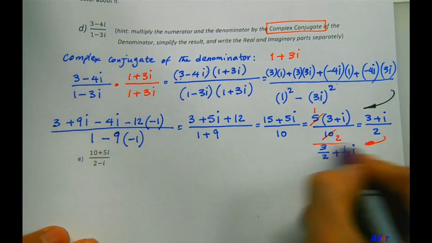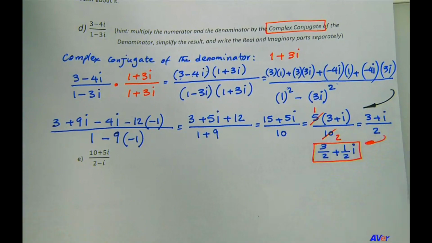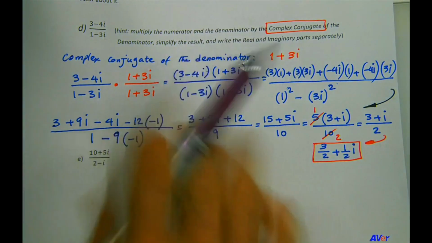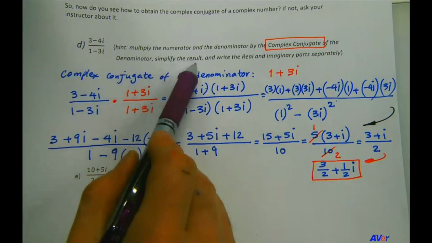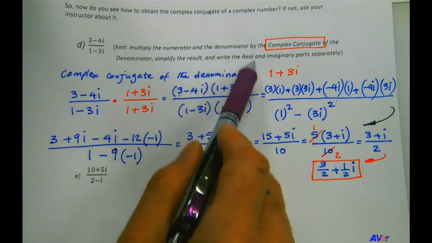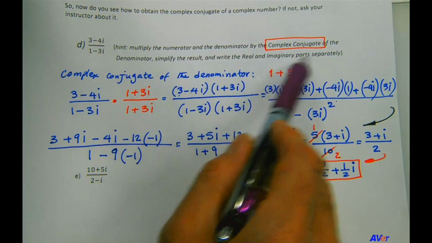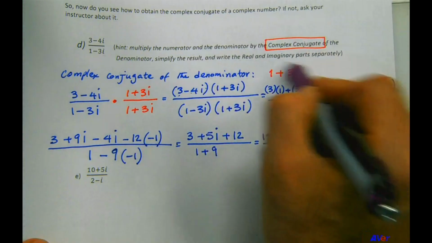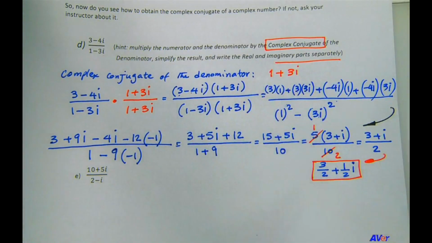And that's how we are able to end up with that expression. And we've done that because it says simplify the result. We've simplified the result and write the real and imaginary parts separately. That we also did, right?